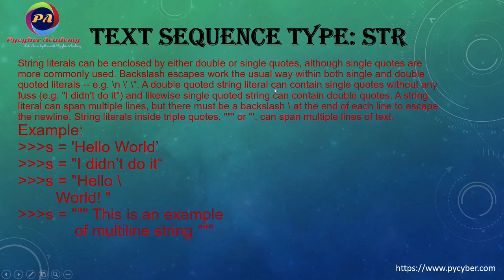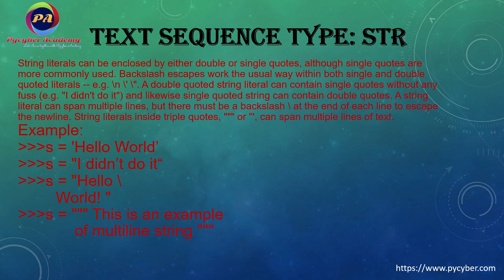A double quoted string literal can contain single quotes without any problem. For example, "I don't do it". This string is enclosed by double quotes, and into this string we use a single quote over here, so it will not create any problem. Similarly, if we enclose the string with single quotes, then in the middle of that we can use double quotes.